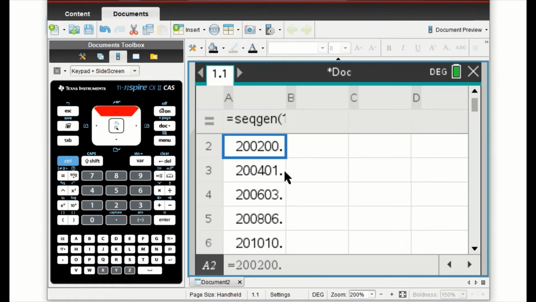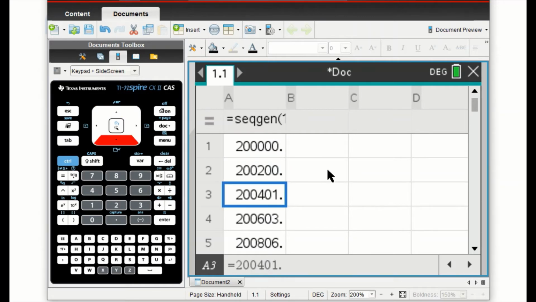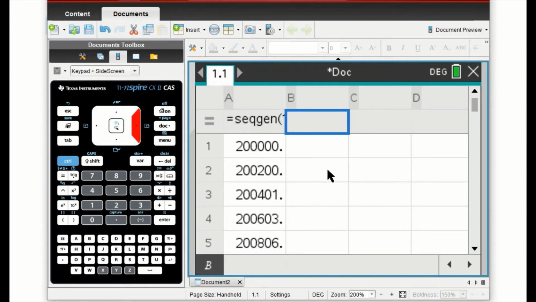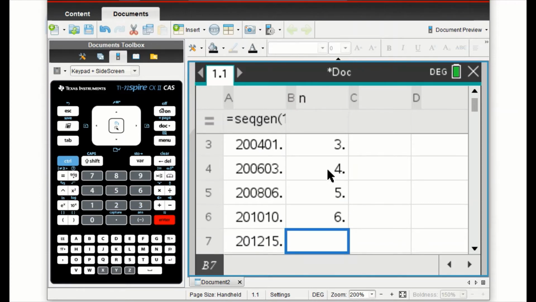From this term to the next it increases by 200, then the next by 201, then 202, and so on. So the increment is increasing as well. But if you want to try it out, let's generate the graph.